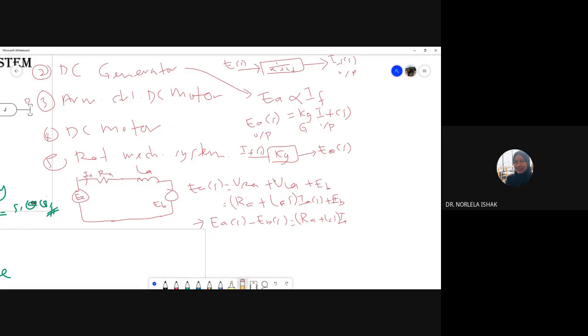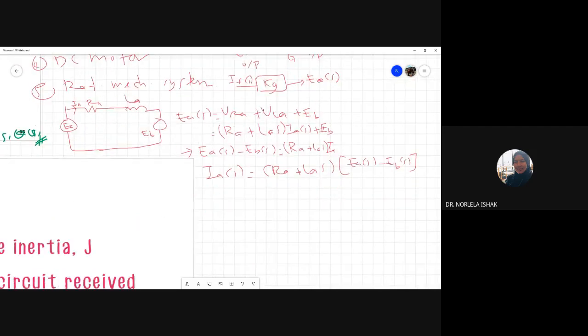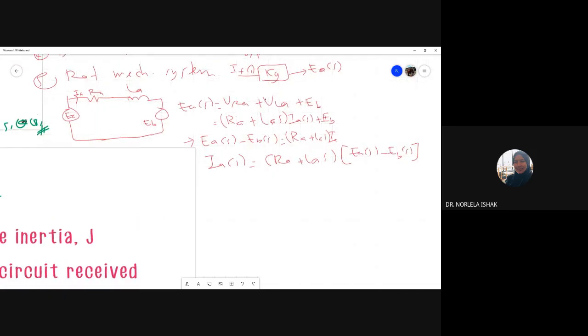So meaning this is our current output equal to gain. This is your gain, 1 over RA plus LAS, darab dengan input. Input is EAS minus EBS.